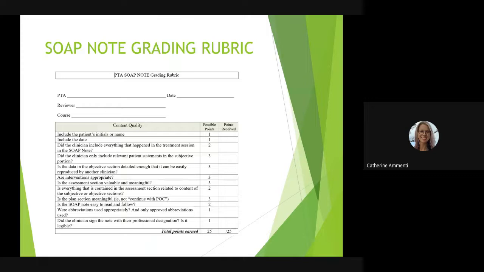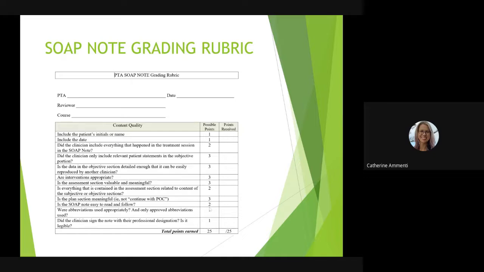So you might say increased reps as tolerated, but I would be more specific: increase up to 10 reps or up to 30 reps as tolerated, or if pain is less than 2 out of 10, something a little bit more specific so that if a different therapist never saw this patient, they could look at the plan and have a really good idea of what's going to happen. So if I look at your plan and I have no clue what's going to happen, then I can't give you all of those points.